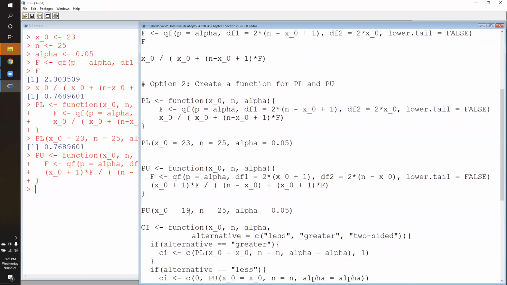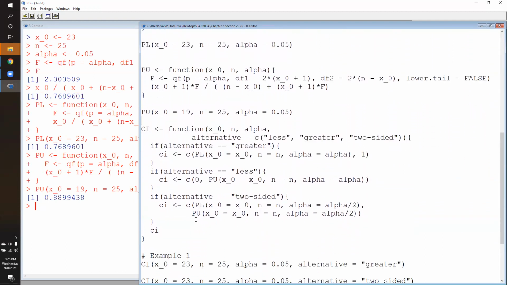And in our book, there's an example of when we observed 19 successes out of the 25 to get the one-sided confidence interval. So we're going to calculate PU, right? And that upper bound is 0.8899. All right.